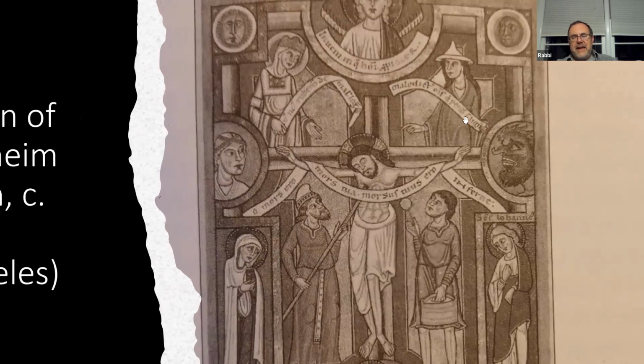The text there says, "Cursed is the one who hangs from a tree." So she's accusing Jesus of being cursed because he's hanging from a tree. That's a quotation from the letter to the Galatians in the letters of Paul from the New Testament, and it's basically based on a verse from Deuteronomy.